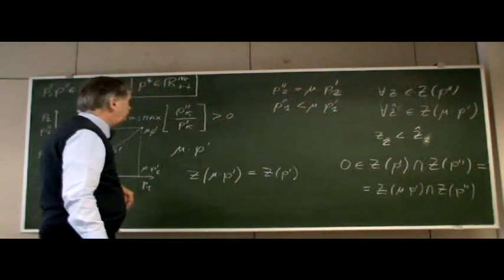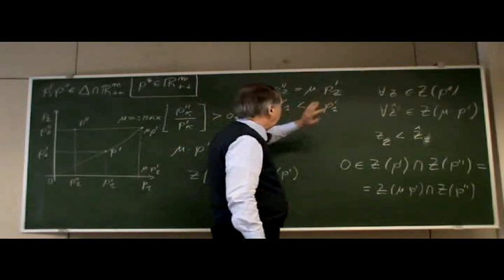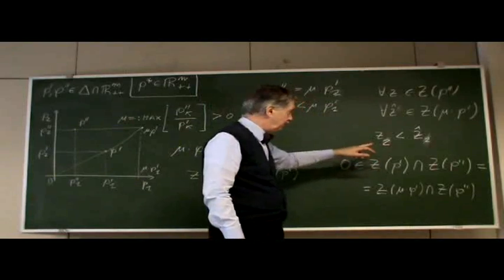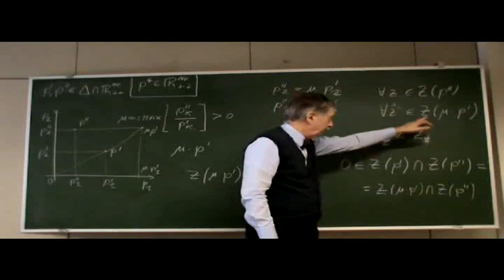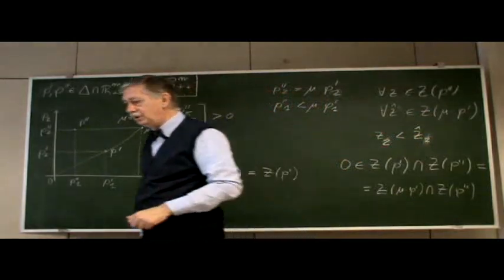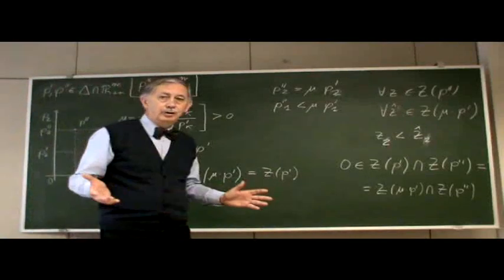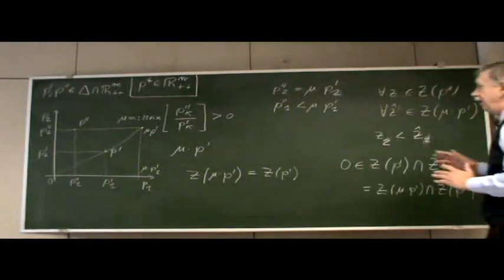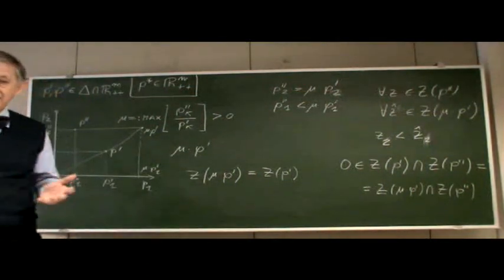When you pass from P double prime to mu times P prime, the price of good 2 remains unchanged, while some other prices increase. By applying gross substitutability, the excess demand of good 2 in the situation mu times P prime must be greater than the excess demand of the same good 2 in the first situation. This is simply an application of gross substitutability. But remember at this point that both price systems, P prime and P double prime, were equilibrium price systems.